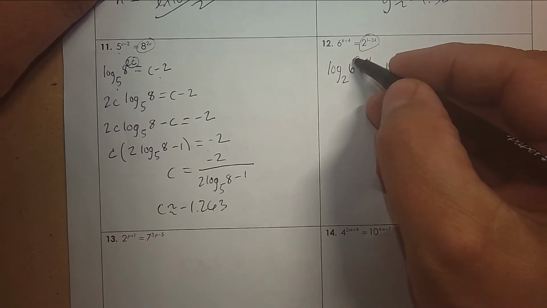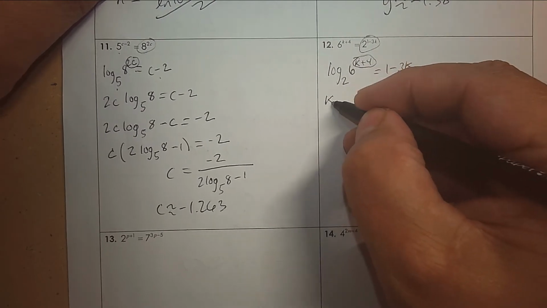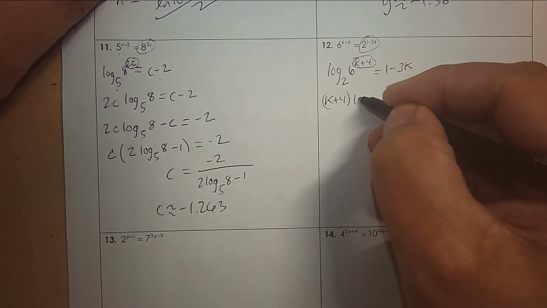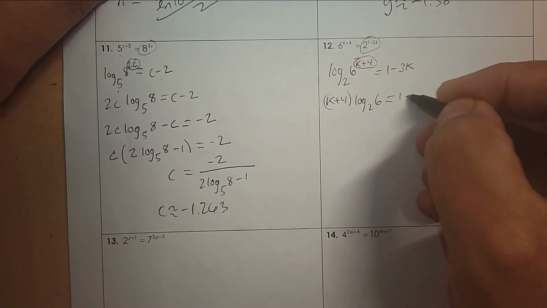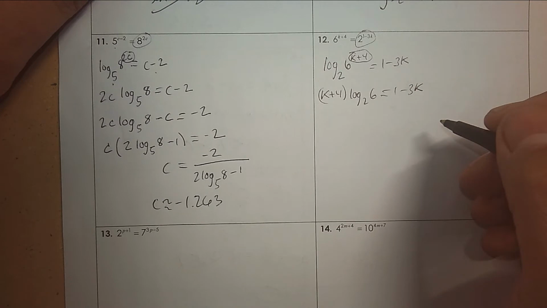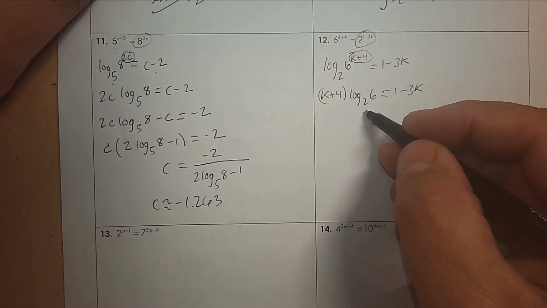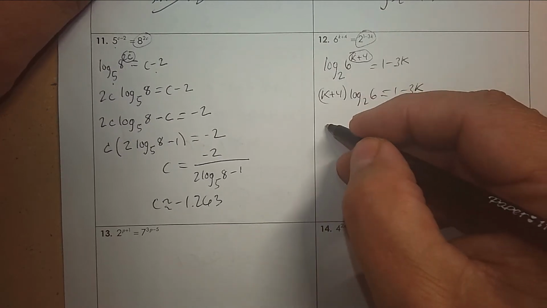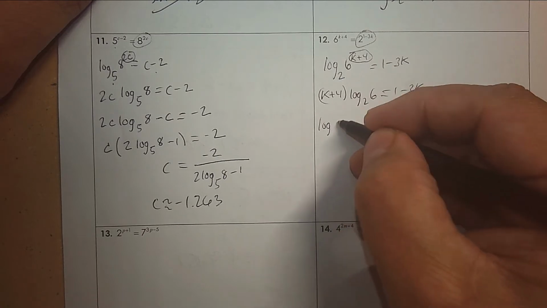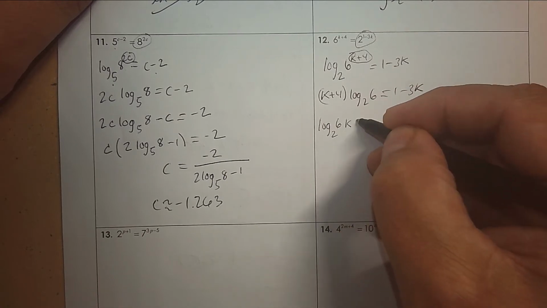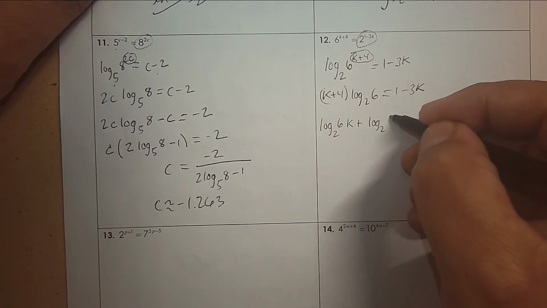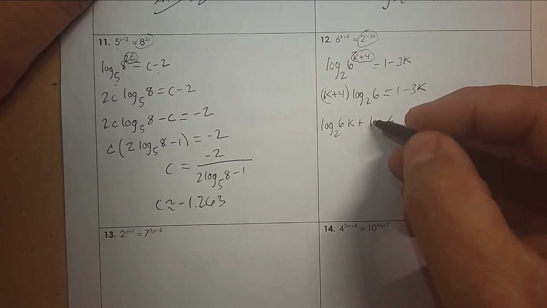The k plus 4 is going to be written in front, multiplying. That's a property of logarithms. Then I'm going to distribute. Remember, log 6 base 2 is just a number. So we have log 6 base 2 times k and log 6 base 2 times 4.